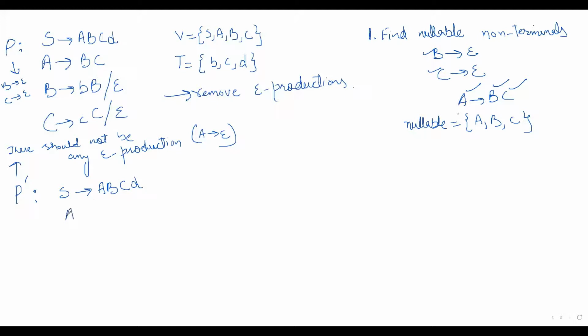Another is A gives BC. Another is B gives b, B. Another is C gives c, C. But you have to remember, we should not add the productions which are null productions, which are epsilon productions. So we have added all productions except epsilon productions.